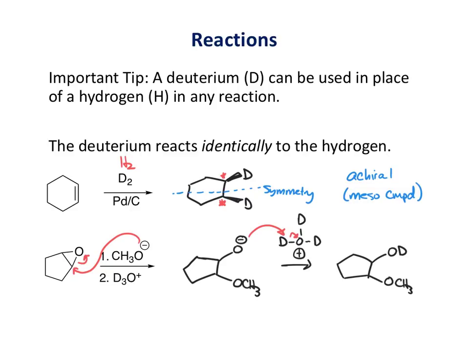So say there was a methyl on one side of the oxygen, would it add to the more substituted side? If you use, in step one, a nucleophile, it'll add there to the less substituted side.